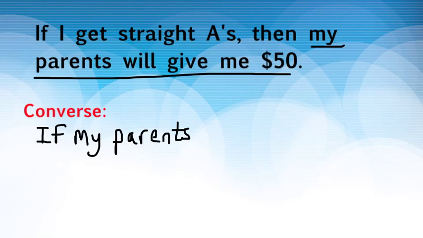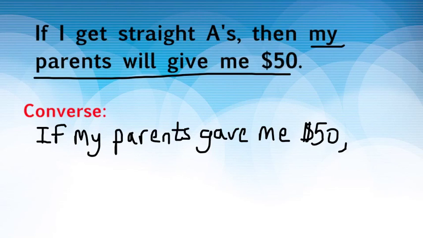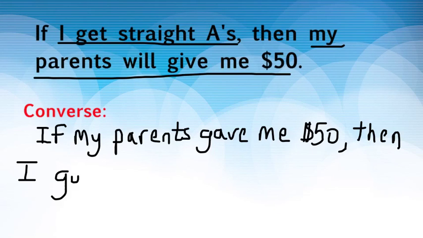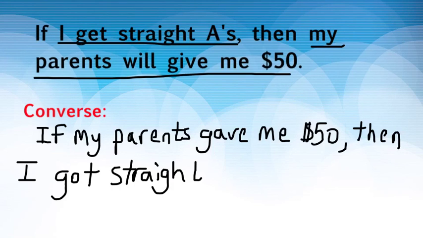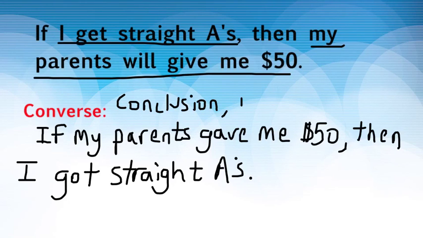So if my parents gave me $50, then I got straight A's. Again, all we're doing is we're putting the conclusion, then hypothesis. Okay, so we just switch them around.